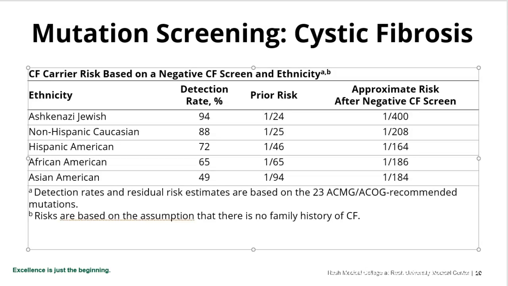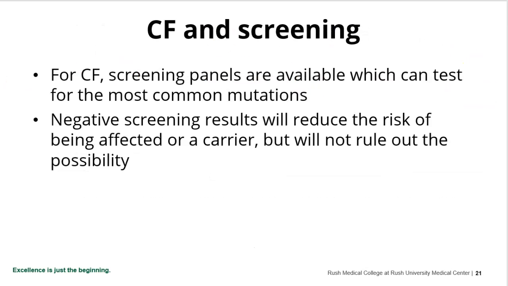So one of the things when we're asking if you had carrier testing, what's your prior risk and what's your after risk? Like, how much did you really drop your risk? Because if you don't have a very good detection rate, you might not be dropping the risk that you actually carry this.